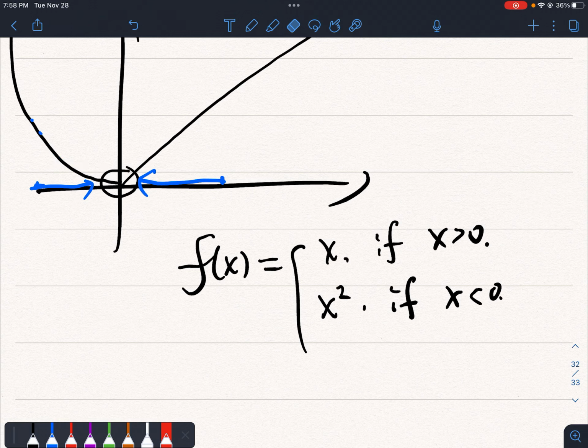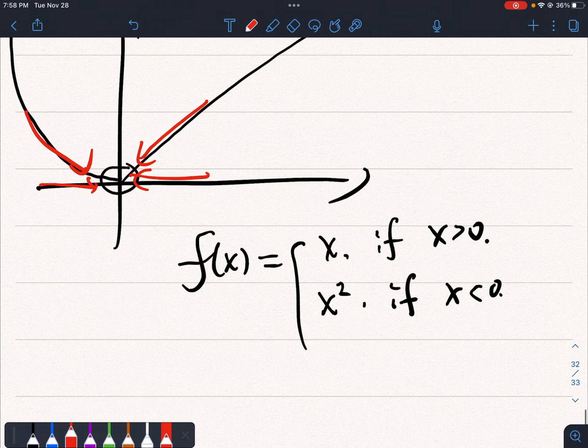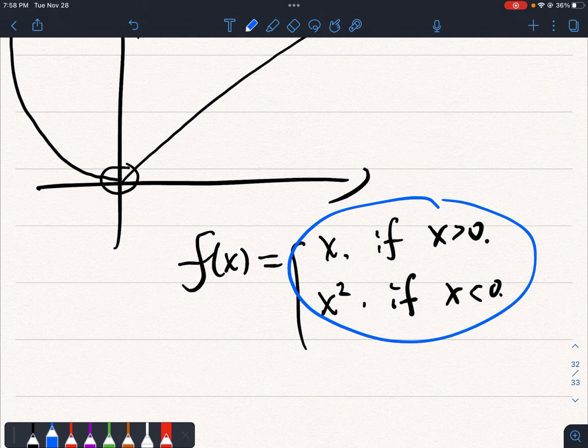But we can still define its limit, and we still want this limit to be 0, because no matter whether we go from left or right to 0, you can see the y value approaches 0 both ways. So we want a notion of limit without the value at this point at all. But how can we define it?